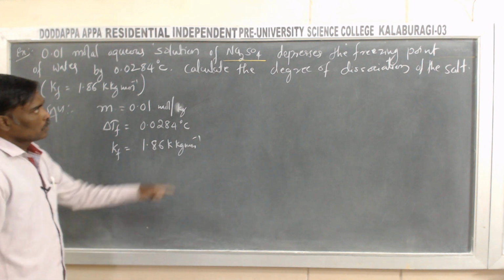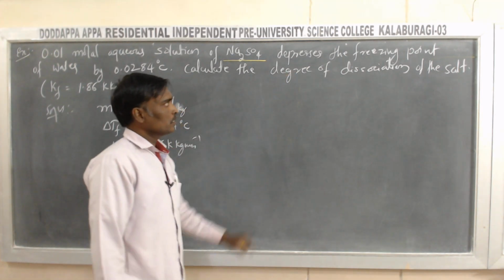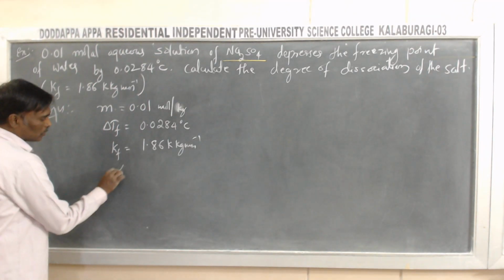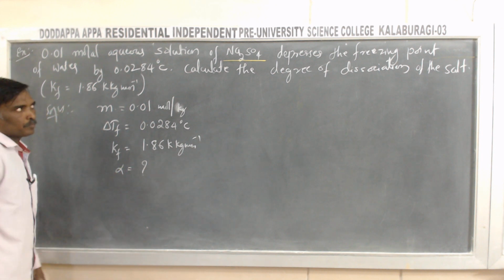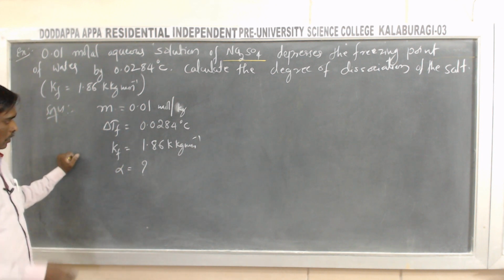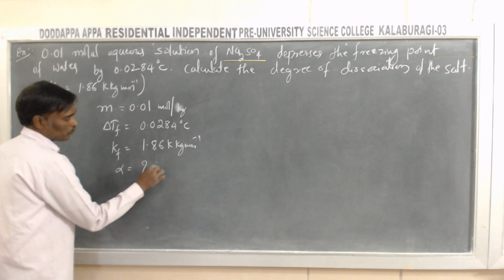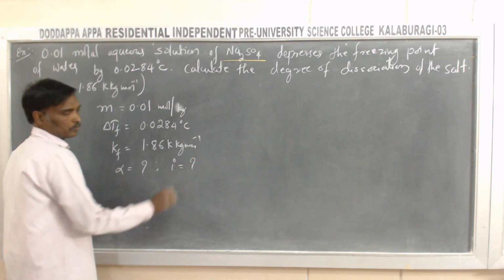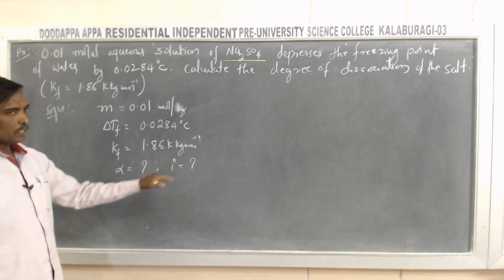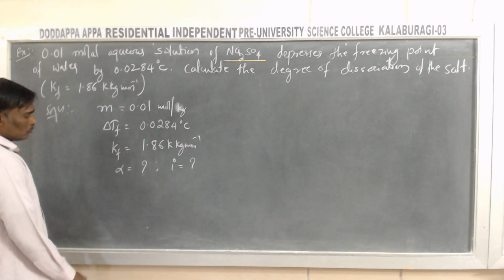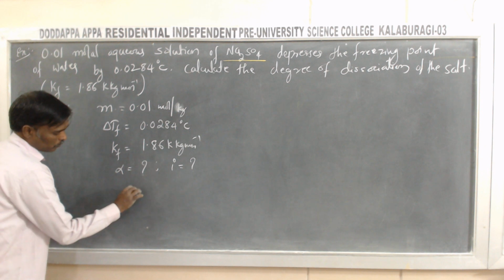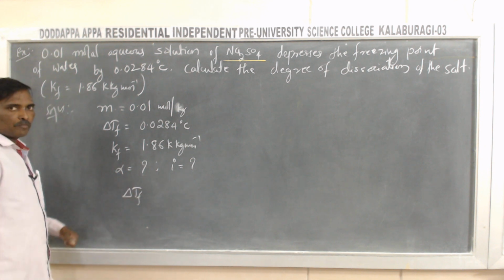And they told us to find the degree of dissociation, alpha is equal to question mark. So alpha we have to calculate. To calculate the degree of dissociation, we need the i value. So let us calculate the i value. We know the formula for depression in freezing point.